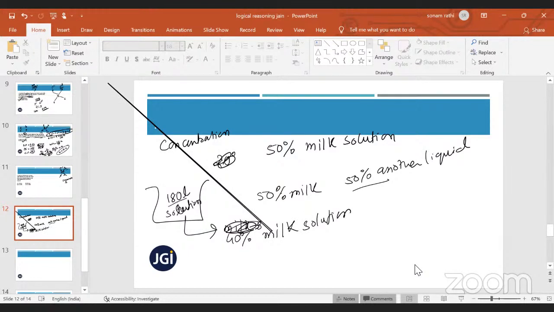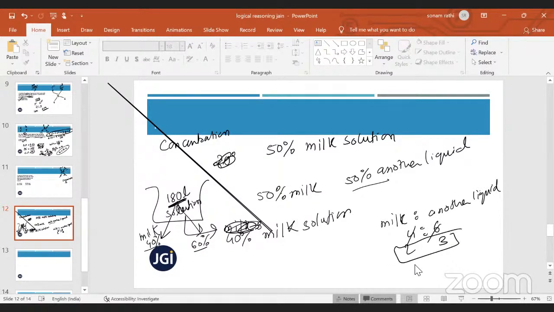It means 40% of this is milk and the rest 60% is another liquid. So milk to another liquid is 40 is to 60, which means 4 is to 6, that is 2 is to 3.